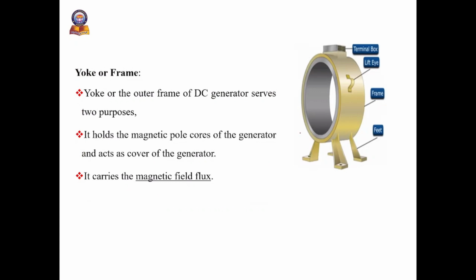In case of small machines, it is generally made up of cast iron, whereas in case of larger machines, it is made up of cast steel.